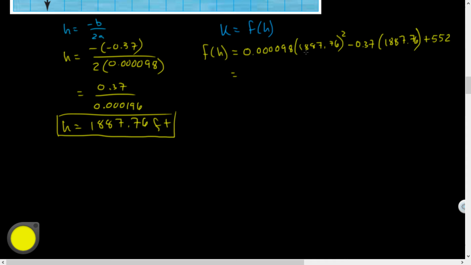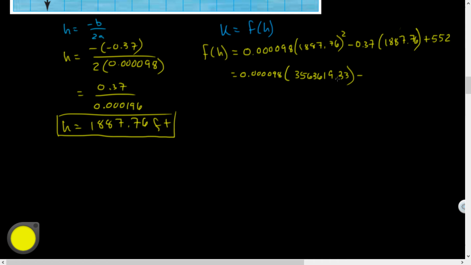So I'm going to do this 1887 number and square it. So I get 0.000098 multiplied by 3563619.33. Minus, and then I'm going to have to multiply that by that number.